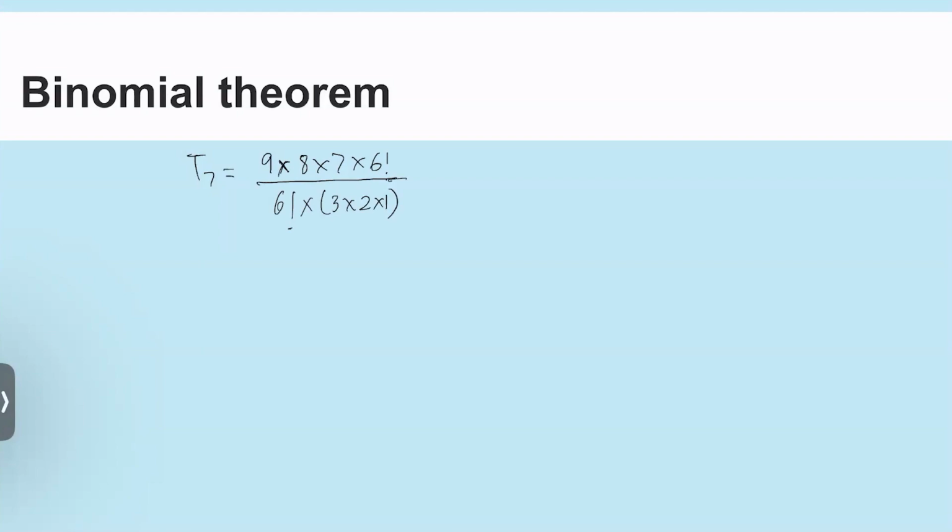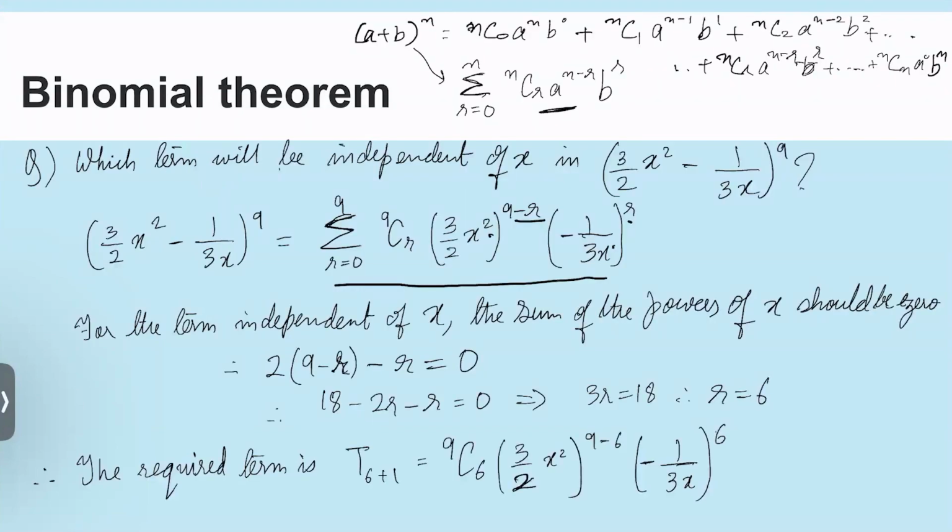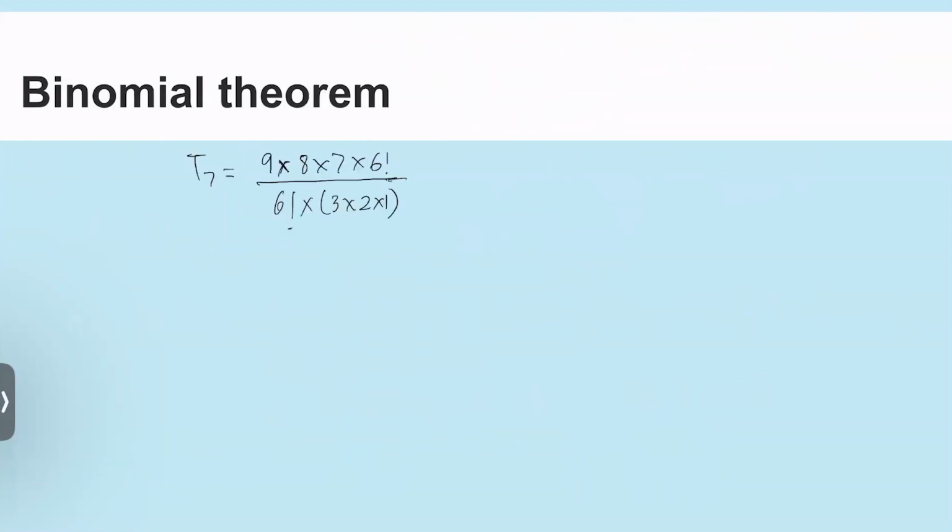Okay, and this will be (3 by 2 x squared) the whole raised to 3, and this will be (minus 1 by 3x) raised to 6. Okay, so this you can get as 3, 4, sorry, it's only 4. So 12, 12 plus 12 into 7.